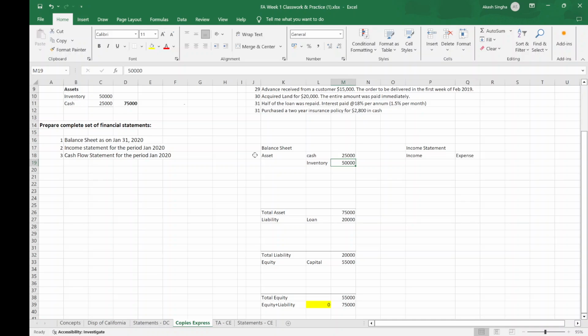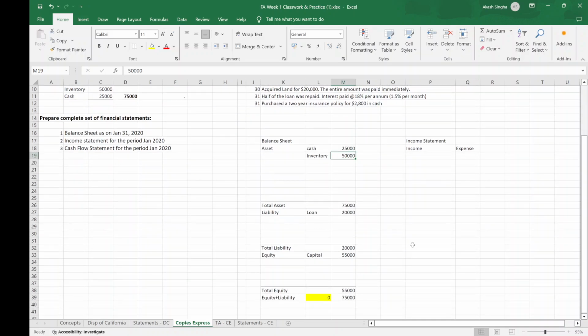Income and expense you can also write here, like net income. Here it will be this minus this should be total.